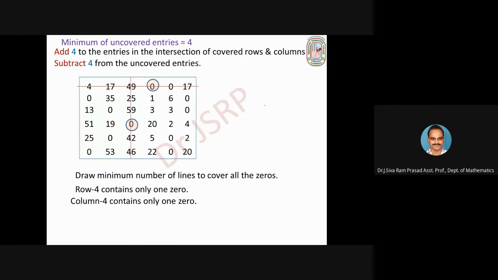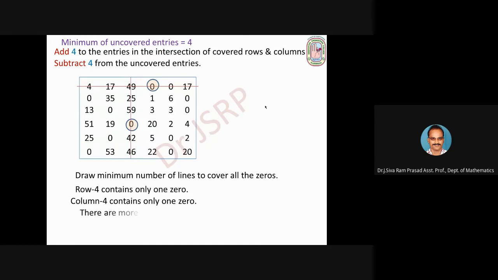Okay. So in this case, I have discussed in the algorithm, last point, note: suppose each row and each column contain more than 1 zero, we get multiple optimal assignments. Okay. So in each row and each column, there are more than 1 zero entries. Then the problem has multiple optimal assignments.